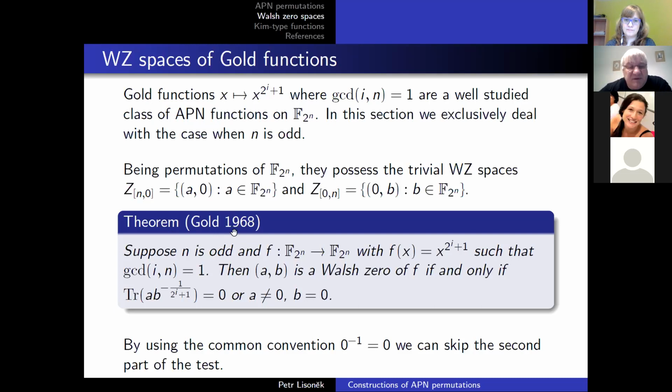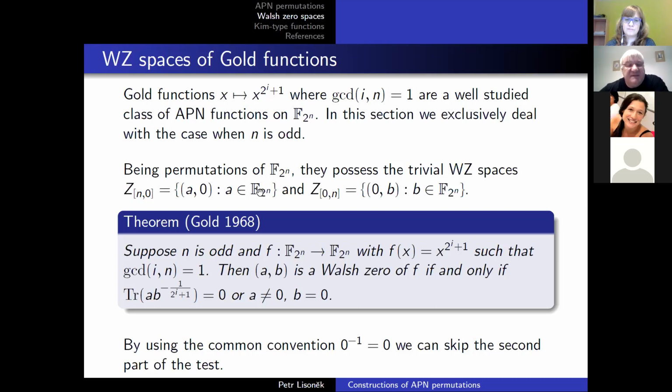These are, of course, also relevant to other areas such as sequences with low cross correlations. It's the same mathematics behind. So these Gold functions possess these two trivial WZ spaces.